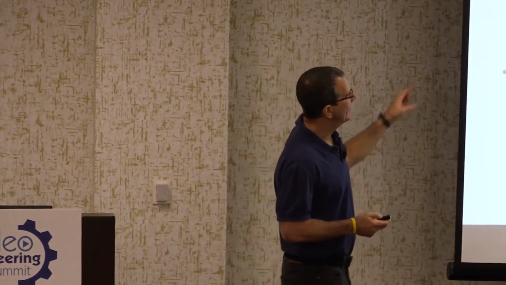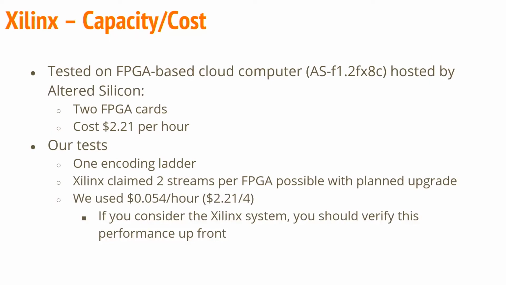And then we tested on an FPGA-based solution from a service called Nimbix, 2 FPGA cards. It cost $2.21 per hour. We were able to produce 1 encoding ladder, but Xilinx, then NGCodec, said they should be able to get 2 streams per FPGA by right about now.